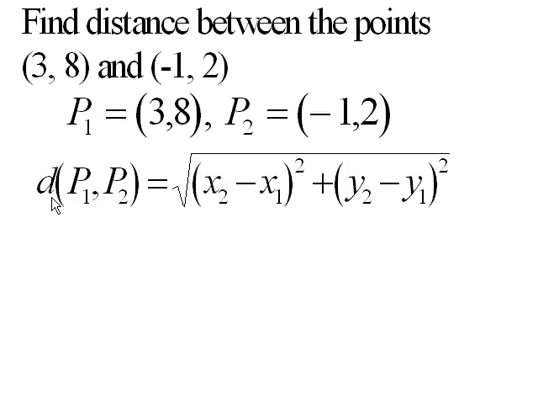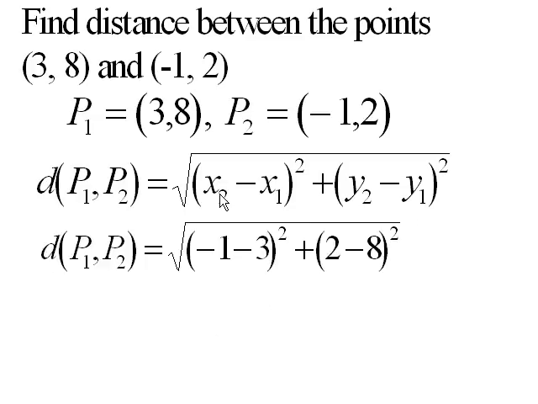So d for the distance from P1 to P2, difference in x coordinates squared, difference in y coordinates squared. Let's plug the numbers in. x2 is minus 1, x1 is 3, so minus 1 minus 3. y2 minus y1 is 2 minus 8.